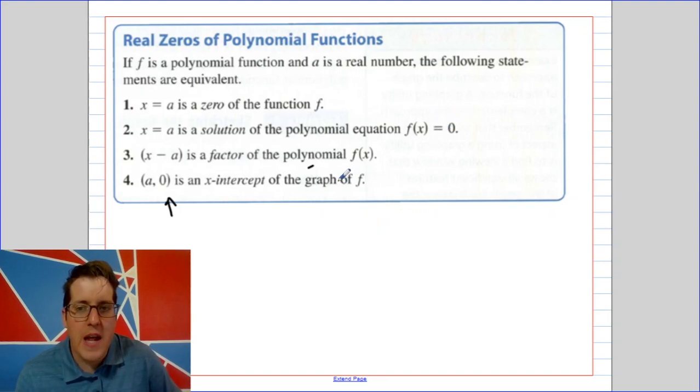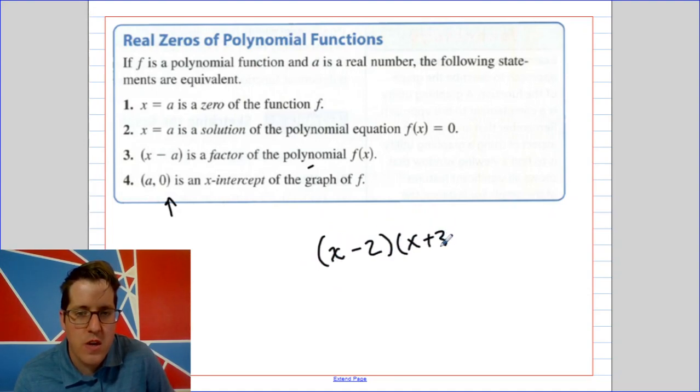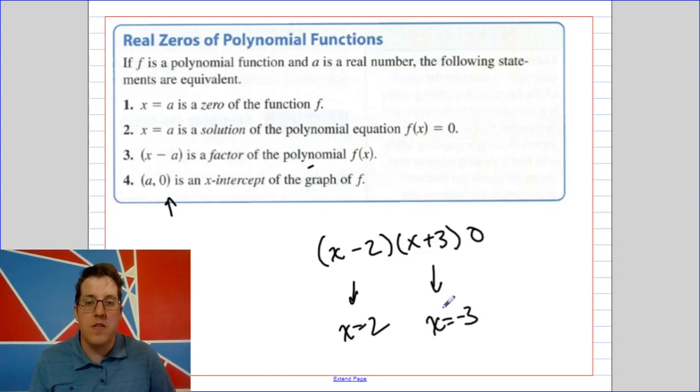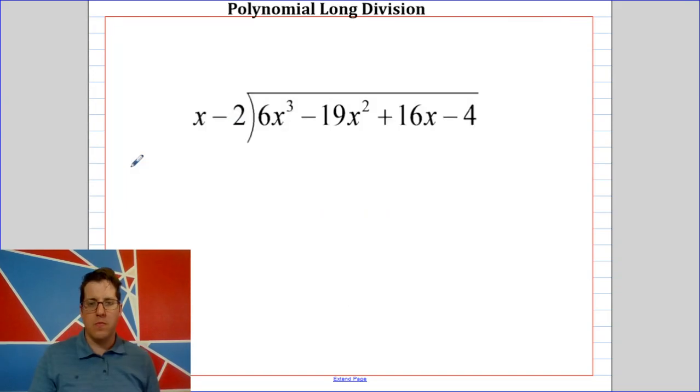Another synonym of that is that x minus a is a factor. Now you've seen this before when you've said x minus 2 times x plus 3 equals 0, so that means x equals 2 or x equals -3. But we're going to make a little bit more of a connection between those in this unit. So this is the one that's probably the most new.